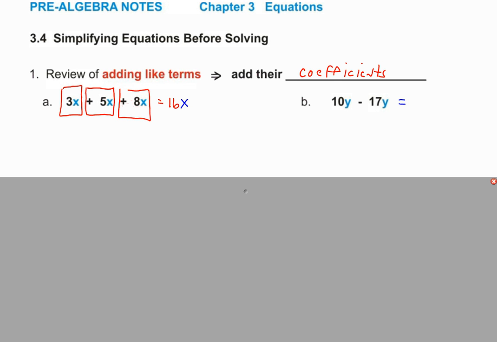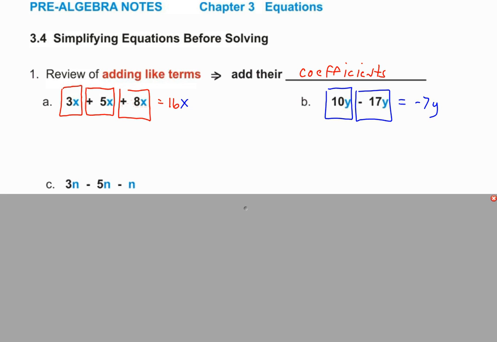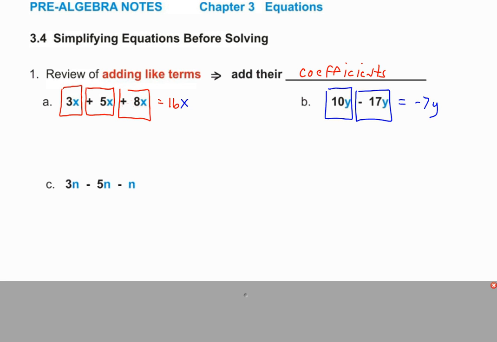Give you a second to think. All right, and hopefully this is what you're thinking. 10 positives and 17 negatives leaves me 7 negatives of them, right? So a negative 7y. We're just adding like terms. All right, how about C? What would you get on C?